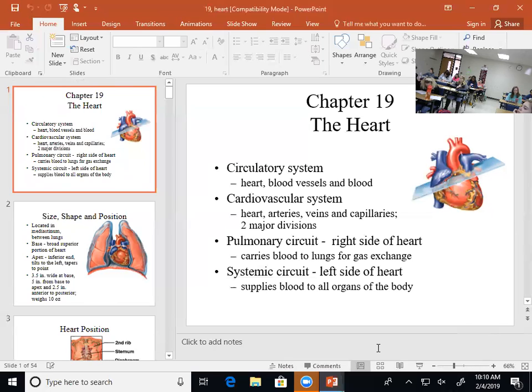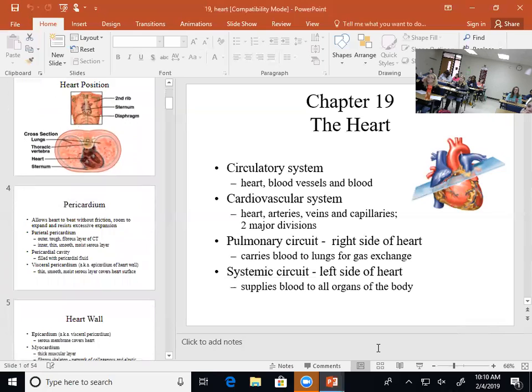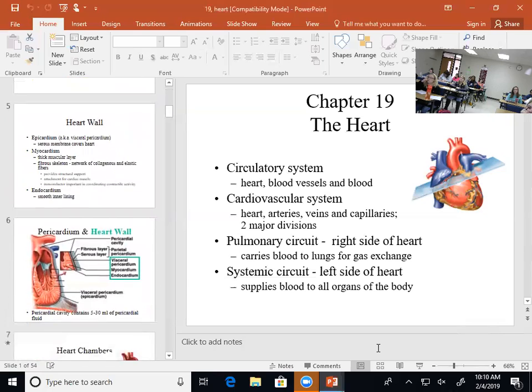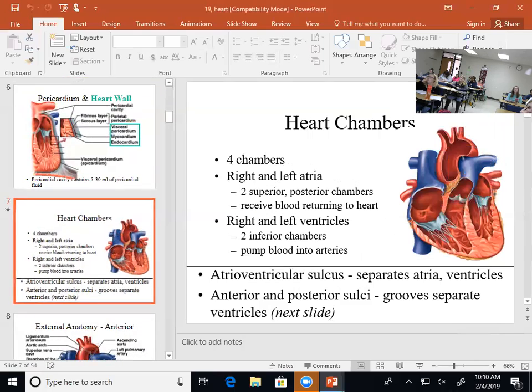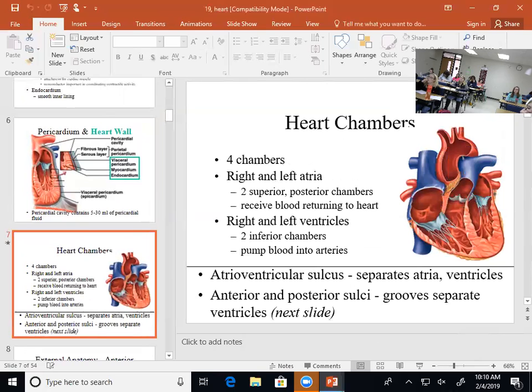It's two pumps. And I need for you to be thinking about this, and maybe there's a picture here I would want to show you. Everybody comes into this room knowing that your heart has 4 chambers, or should have 4 chambers, don't you? Don't you know that? There are 2 upper ones and 2 lower ones.